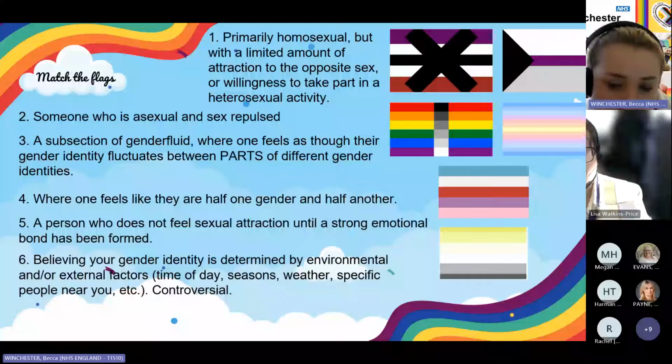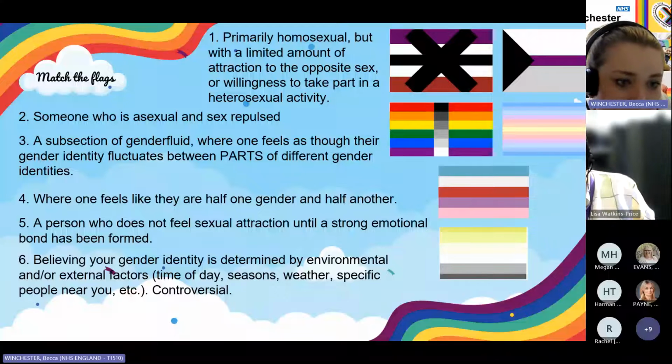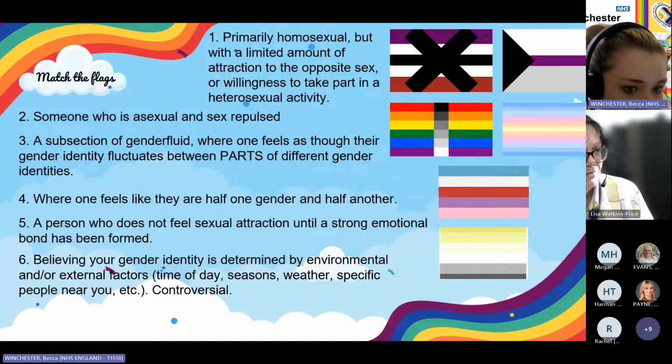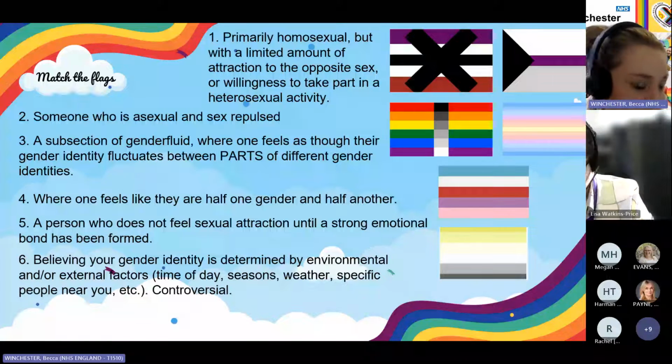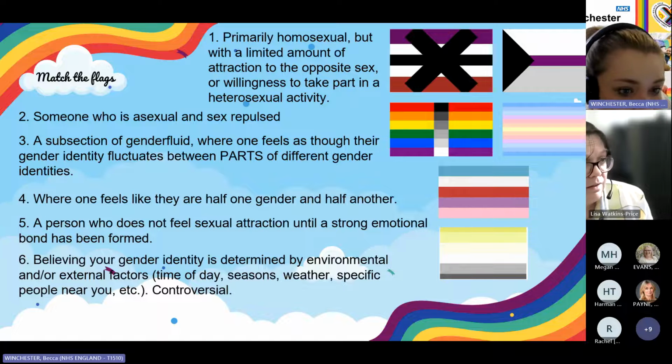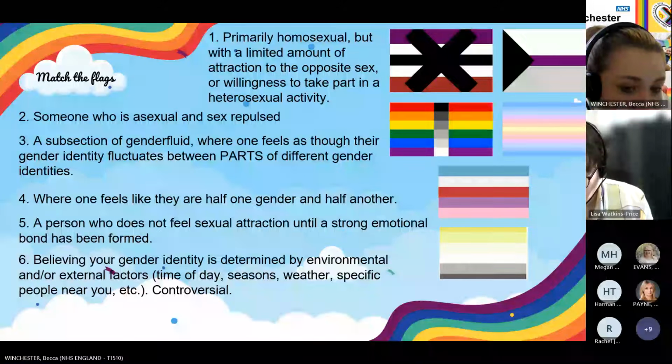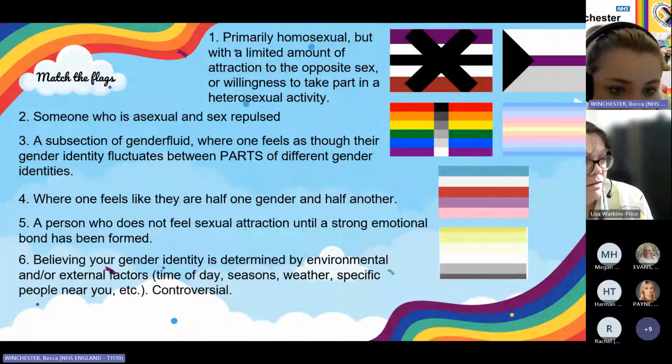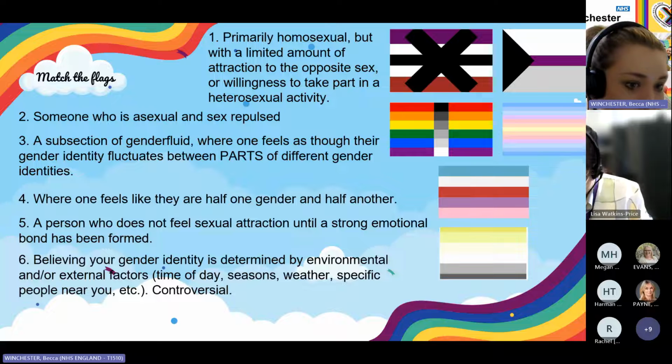And finally, number 6, believing your gender identity is determined by environmental and or external factors. So like I mentioned earlier, and that may include the time of the day, the weather, whether it's winter, spring, summer, and also the people around you.